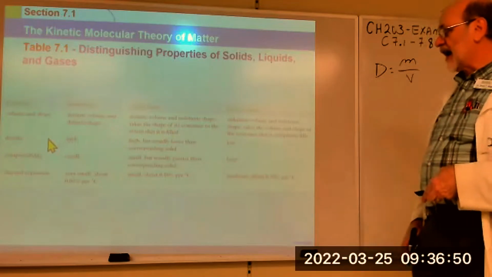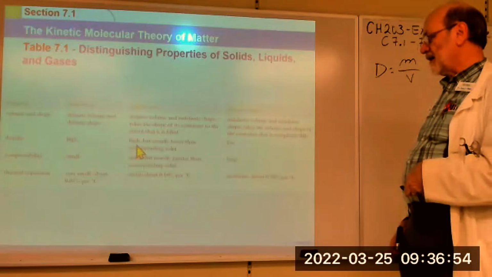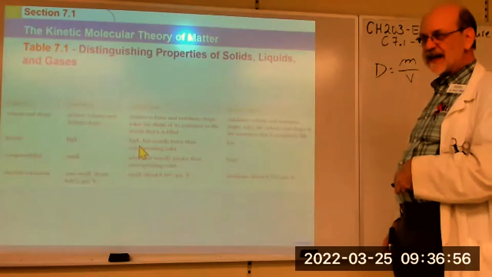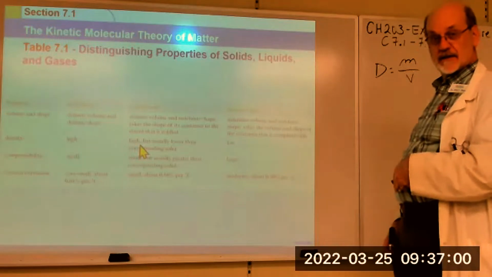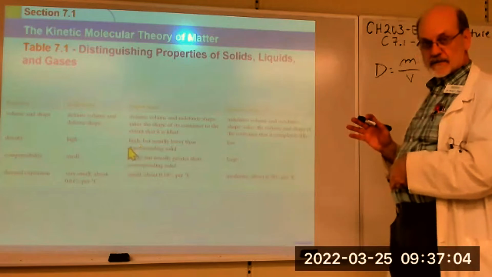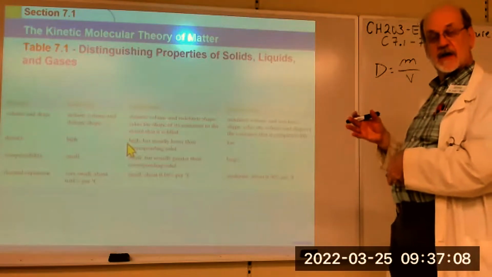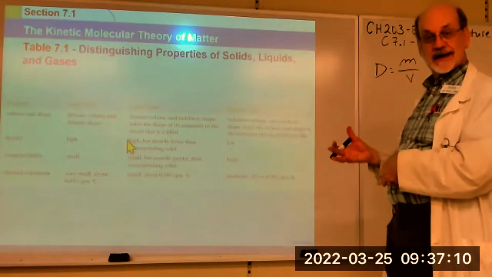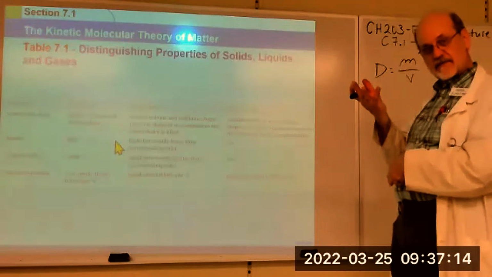Density. Solids generally have a very high density. Liquids usually have a slightly less density. They occupy a little bit more volume for most liquids, not for all. There are some exceptions, notable of which is liquid water and solid ice, where the relationship is inverted.